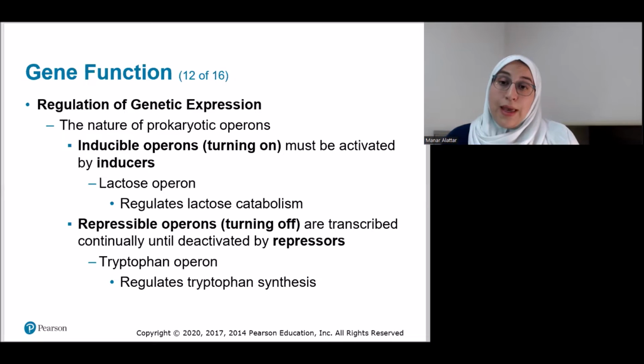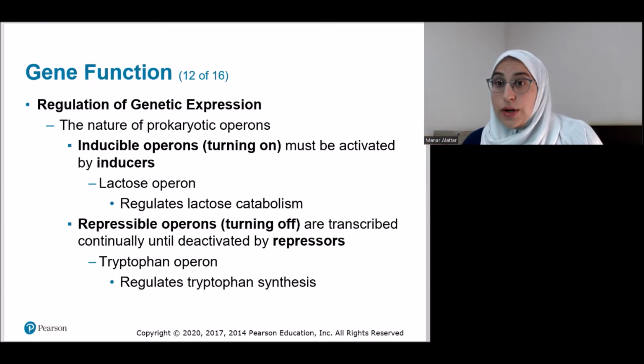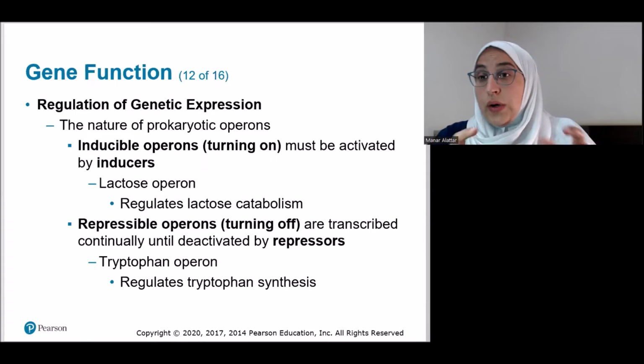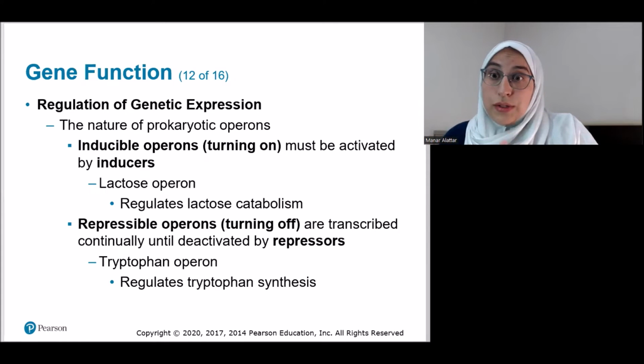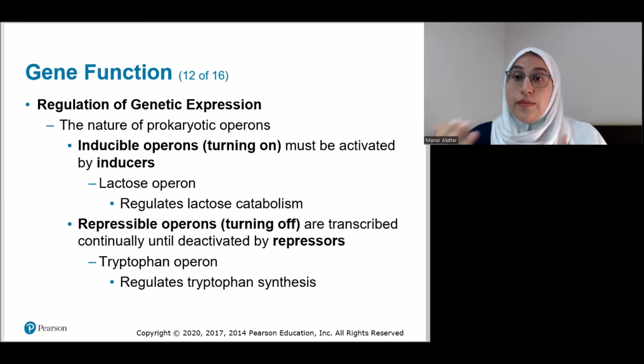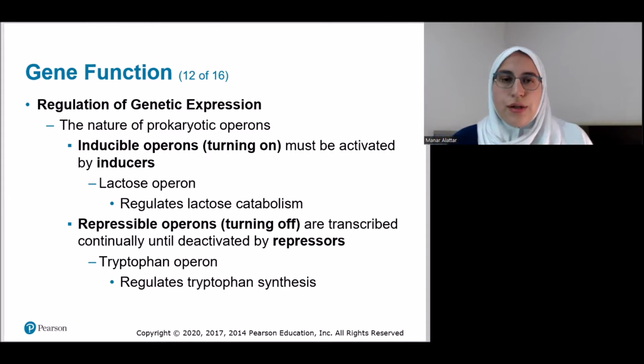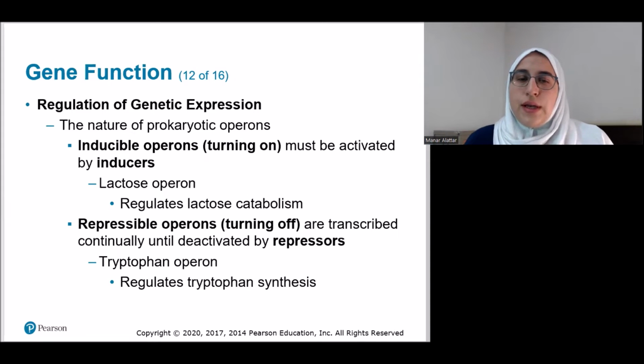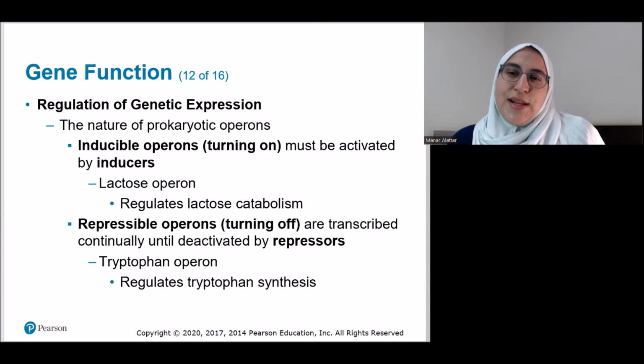And then after you make that mRNA copy, there's a second set of tools that the cell can use to activate or deactivate an mRNA copy as to whether it will be translated into a protein or not. So this first example is talking about turning on or off the actual transcription of a gene. And then we'll talk in a minute about turning on or off the translation of a gene or a series of genes.